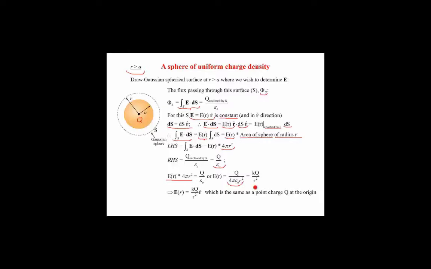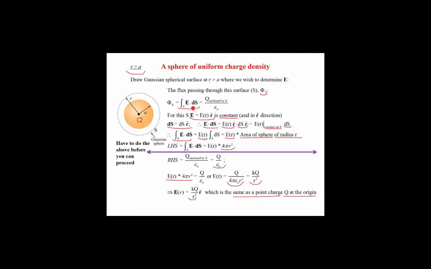Changing this to a k just to put it in a more familiar form, we see that E is equal to the magnitude of E sub r times r hat. This is exactly the same thing as a point charge, and the point charge would be at the origin. To finally get this result, I want to make sure you understand that first we had to make the symmetry arguments, and then we had to use the symmetry in order to evaluate this integral.